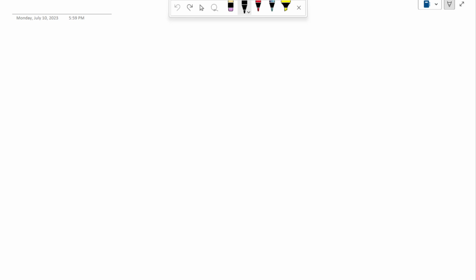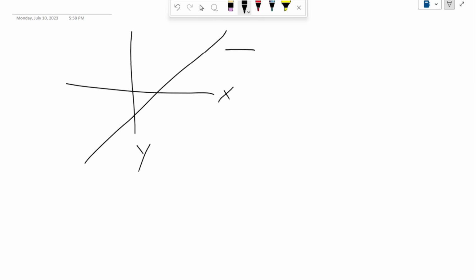And the point of affine geometry really is to understand things that look like this. So this is my x-axis, this is my y-axis, and I have a line that goes like this. This is a line, I'm going to call it L. So we've learned that one-dimensional subspaces of R2 look like lines.